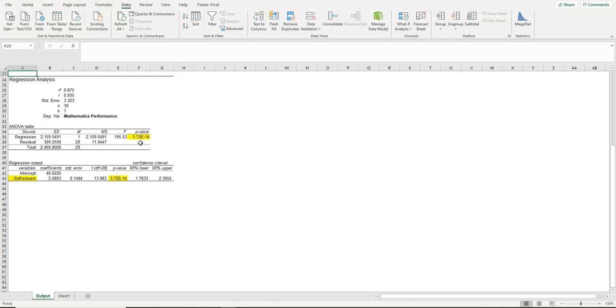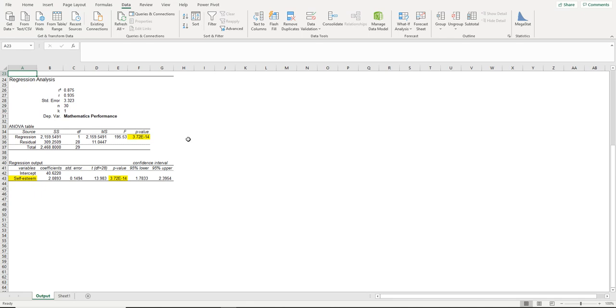Therefore, there are 13 zeros before the 3 after the decimal point. So that is 0.000000, that is 13 zeros, and then 372. So this means that the p-value is very close to 0.